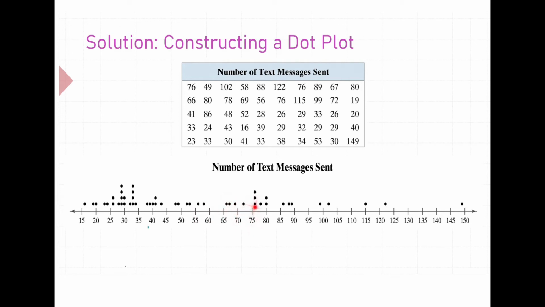And any ones that are repeating, we put above each other. But you can see, especially when we doubled out the 1s and the 2s and all that, it looks very similar in the shape. Of course, this is horizontal, the other was vertical, but regardless, it does give us an idea of where most of the data was centered, and then some of the scattered ones as well.